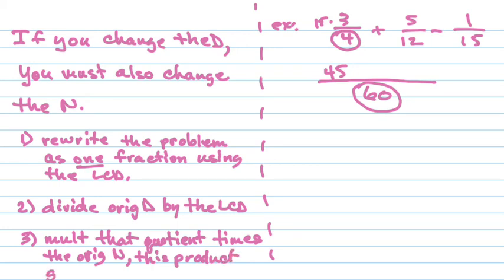This product gives the new numerator. Again, it takes a lot longer to write out than it does to do. Doing it's fast. So, divide the LCD by the original denominator, multiply what's left times the numerator.